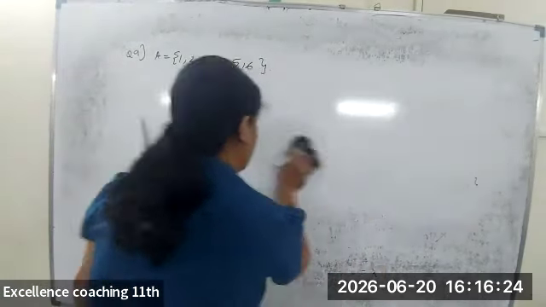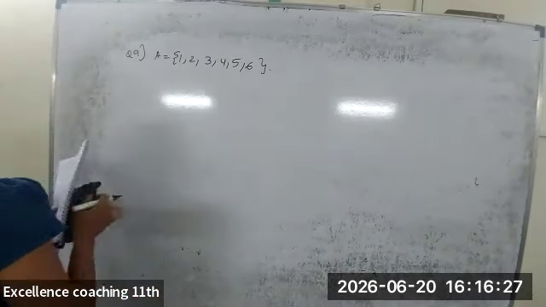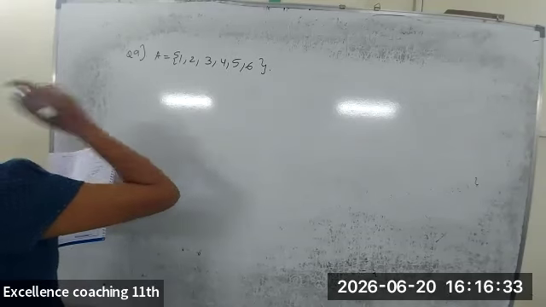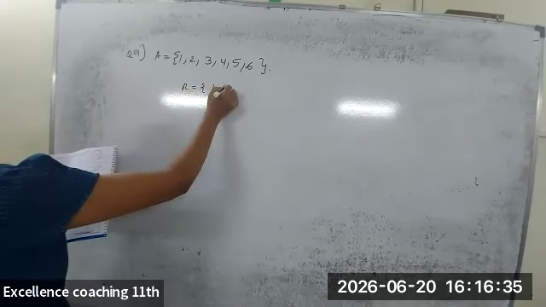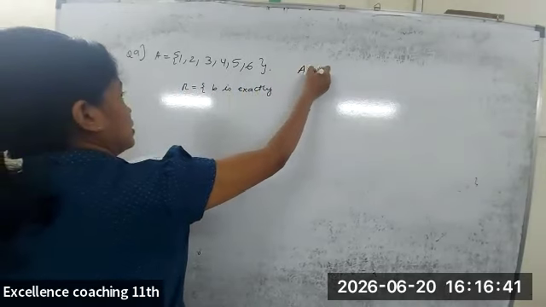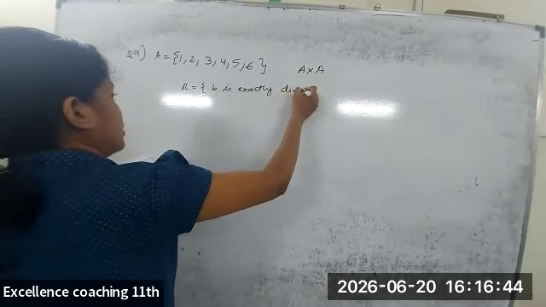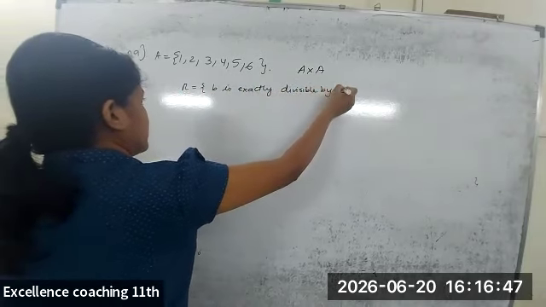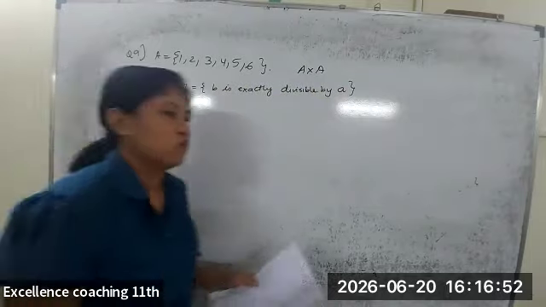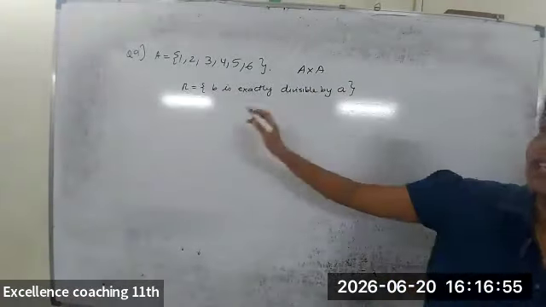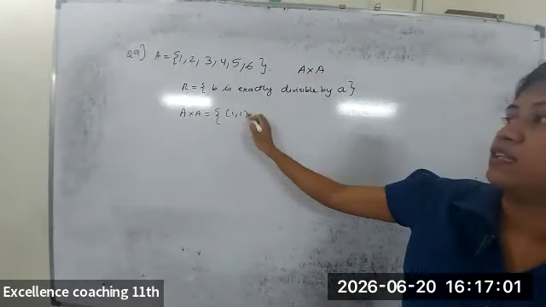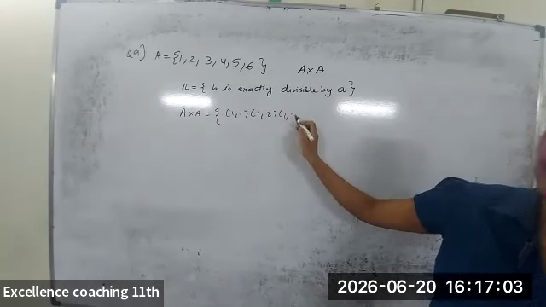R would be: B is exactly divisible by A. Now your Cartesian product would look like this: 1 comma 1, 1 comma 2, and so on, 36 pairs.